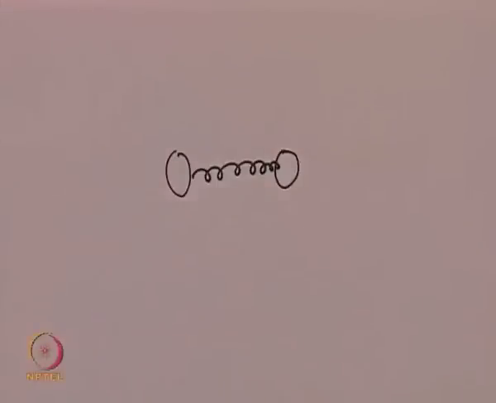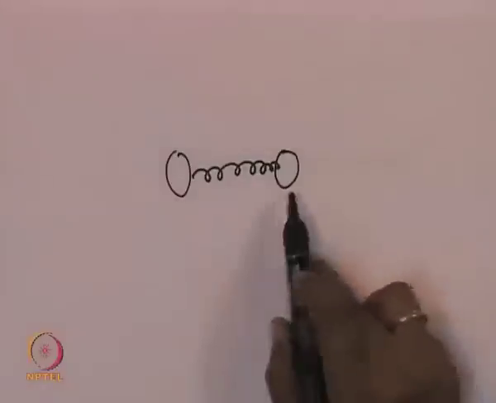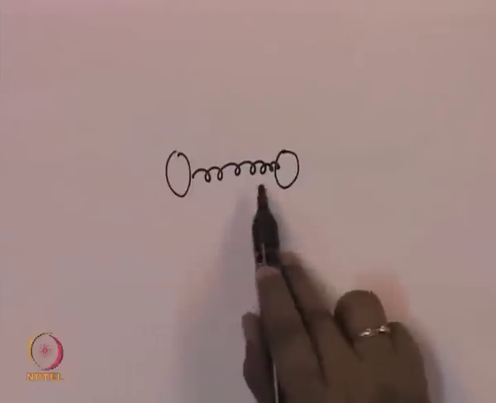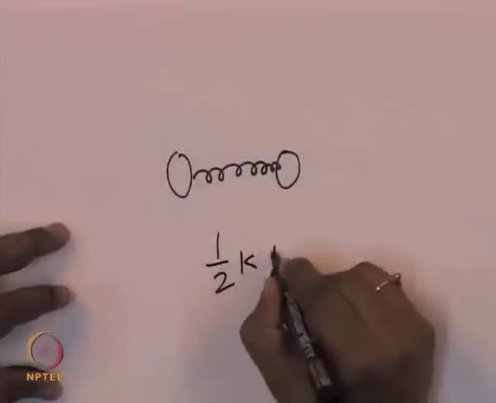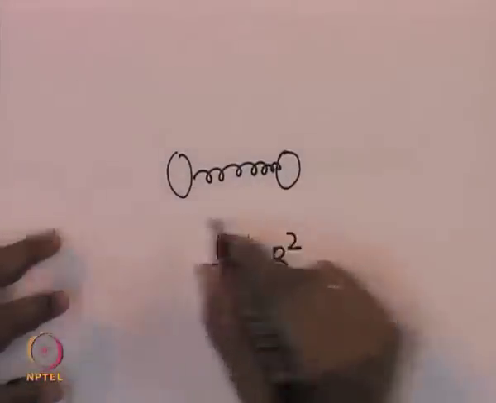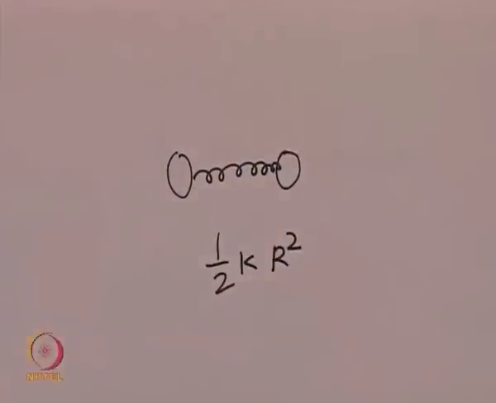The two balls you can think of as two atoms, interacting by some kind of spring-like interaction. Now, you know that the energy for this system has to be half k r square. This is the spring energy.